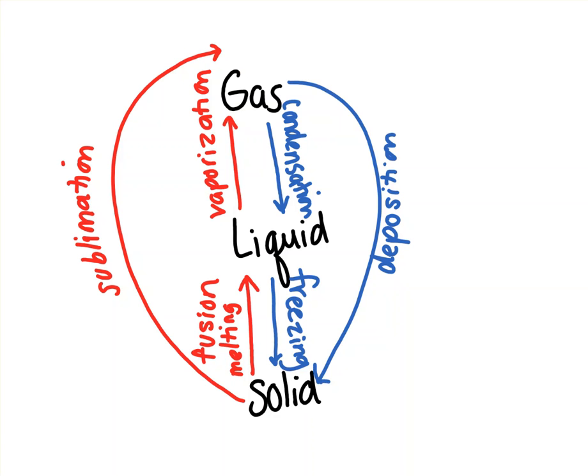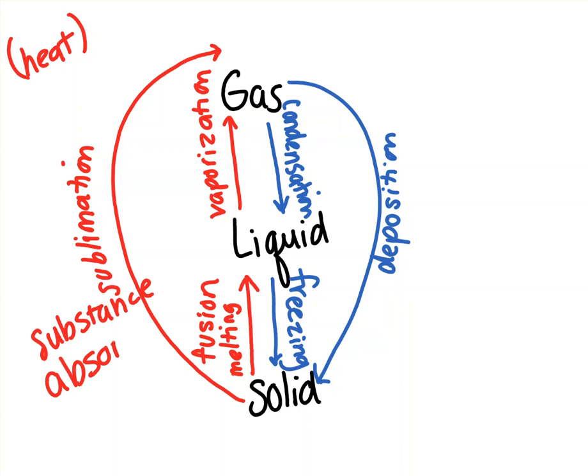So that's why I put all of these in red. In these, you apply heat to make them happen, and that's because the substance absorbs heat. When ice absorbs heat, it becomes liquid water, and so on.